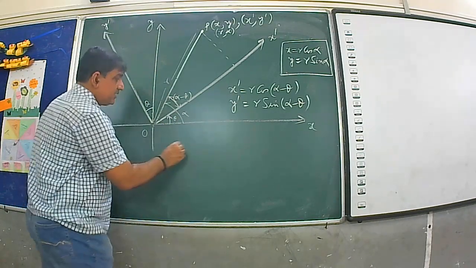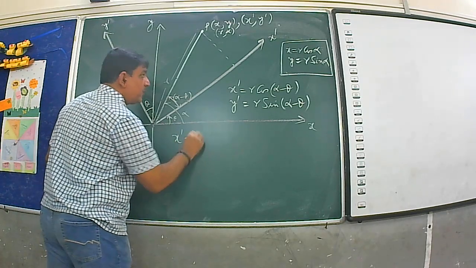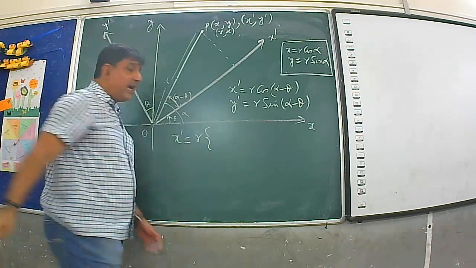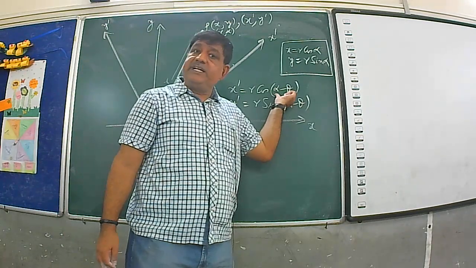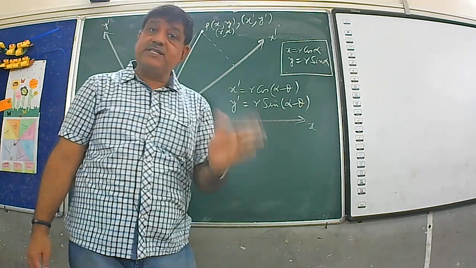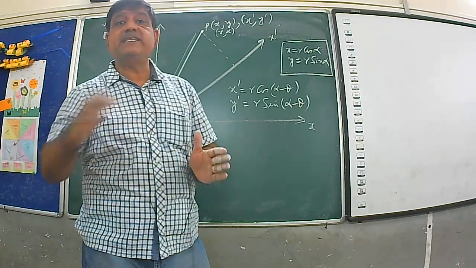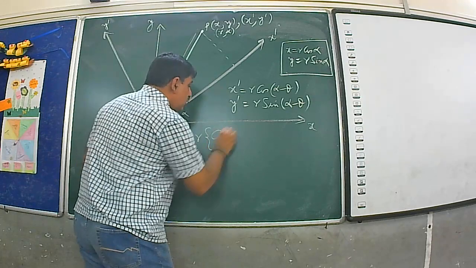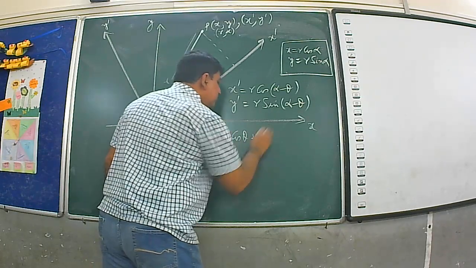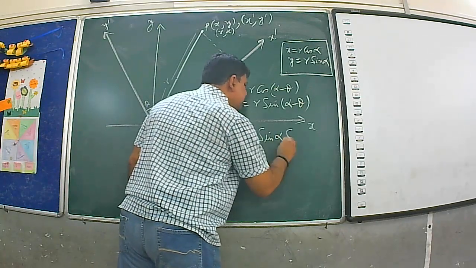We will take first the value of x dash. x dash is equal to r in the bracket. Boys, in trigonometry you will learn that the formula for cos(A minus B) is cos A cos B plus sin A sin B. So applying that formula, it becomes cos alpha cos theta plus sin alpha sin theta.